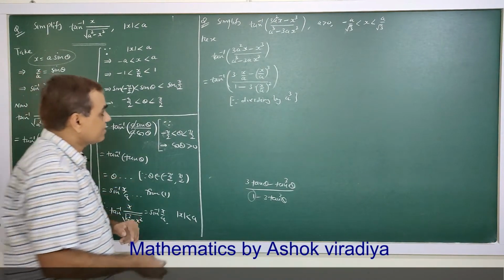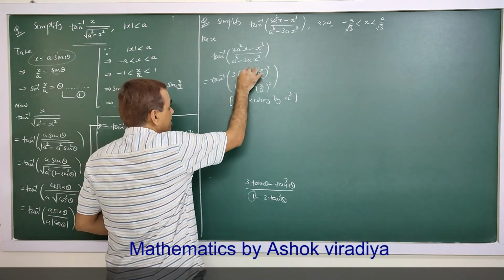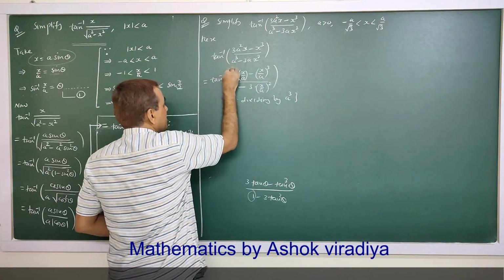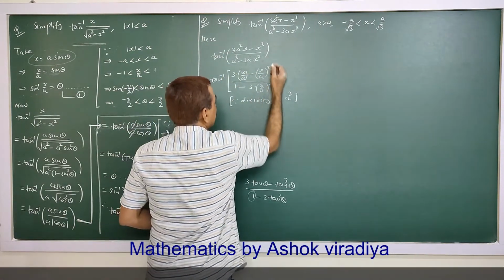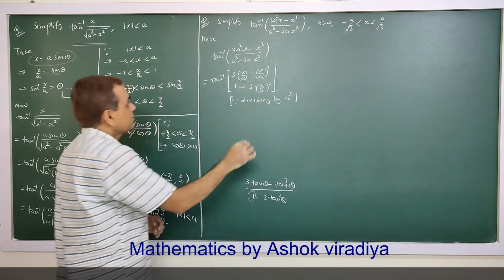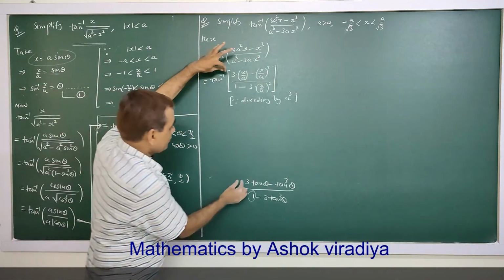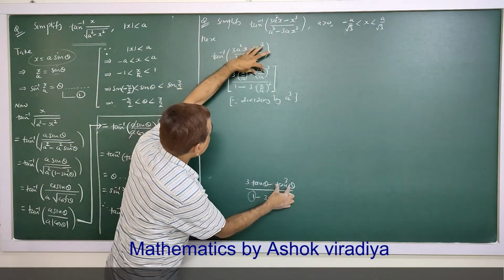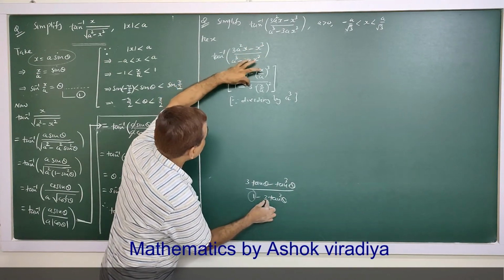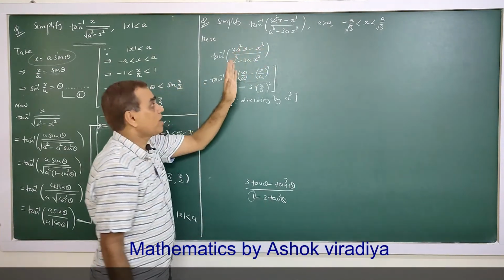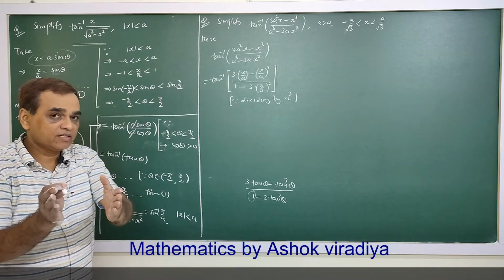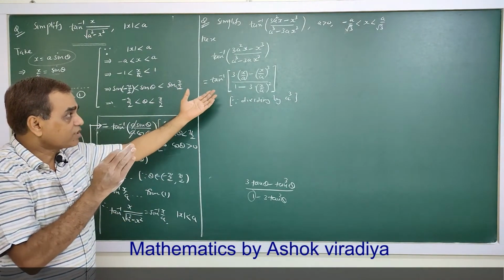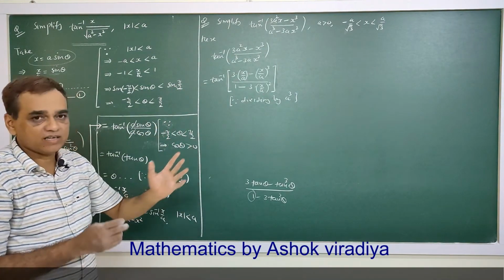So now you can see that there is a new pattern. The design of the inner part you can match with 3 tan theta minus tan cube theta upon 1 minus 3 tan square theta. So x by a, we can take x by a equal to tan theta.